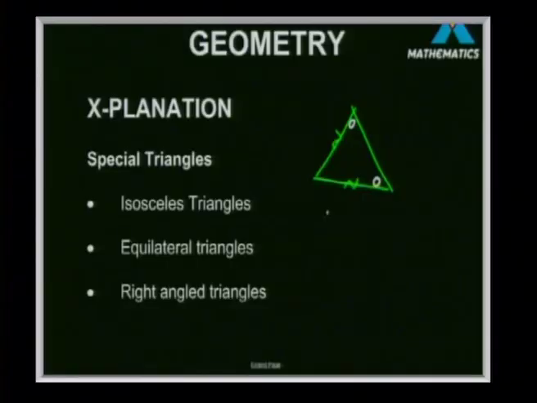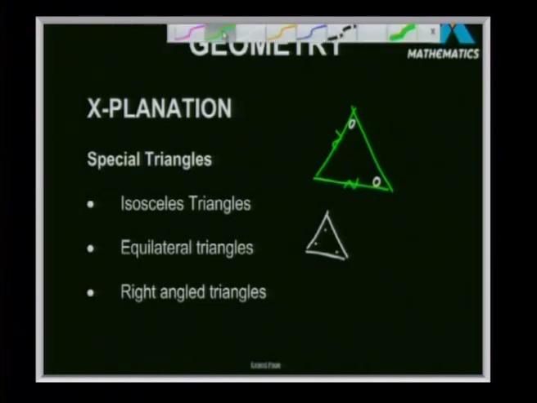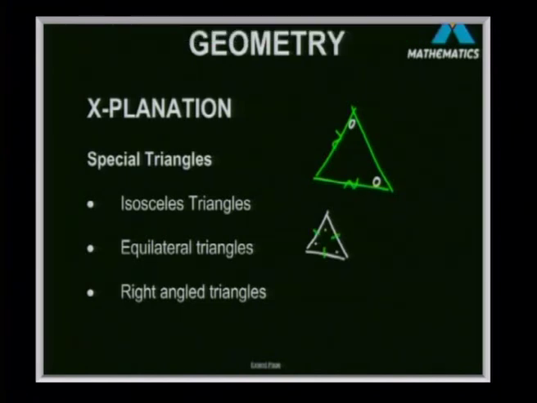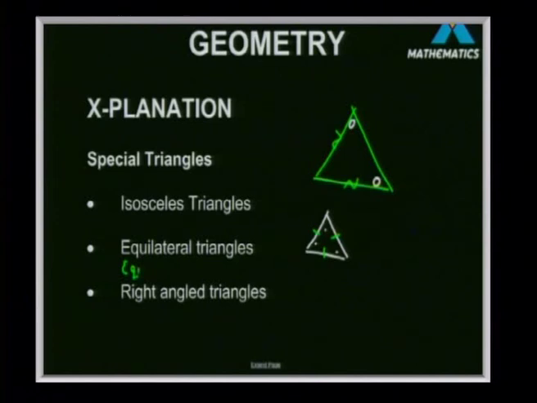The next one, an equilateral triangle. All three angles are equal and all three sides are equal. It might be called an equiangular triangle. Doesn't happen often, but if it does, an equiangular triangle and an equilateral triangle are the same animal.